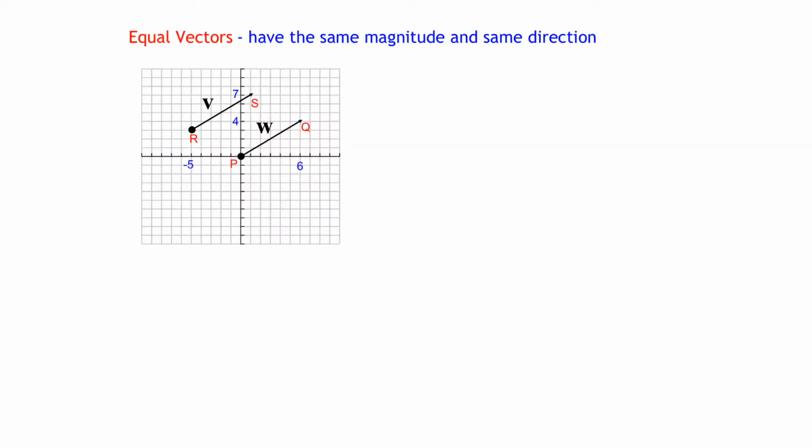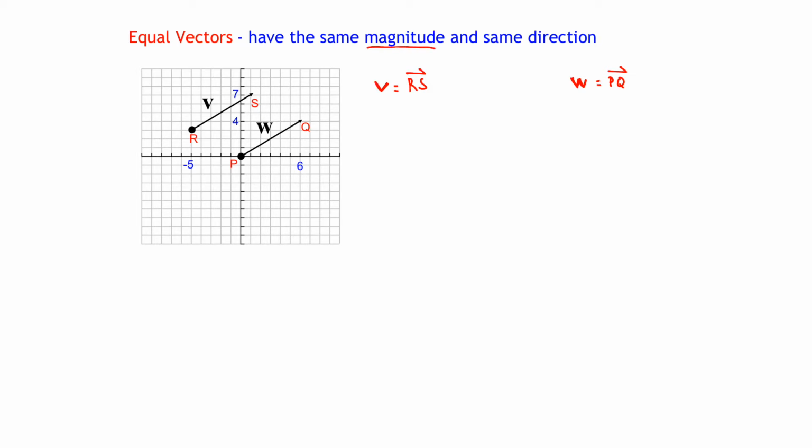Equal vectors have the same magnitude and the same direction. So you can see vector V and vector W. So vector V is the directed line segment RS, and vector W is the directed line segment PQ. To be able to identify if these are equal vectors, we need to identify if they have the same magnitude.